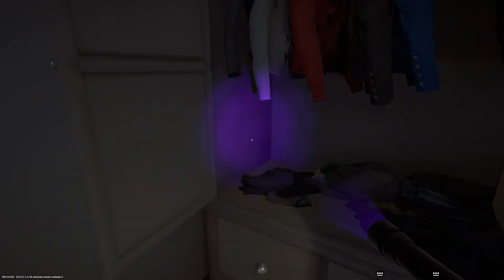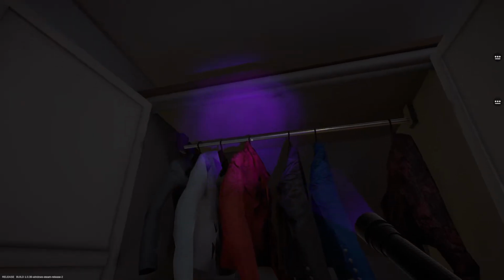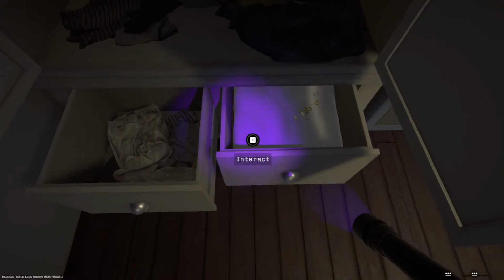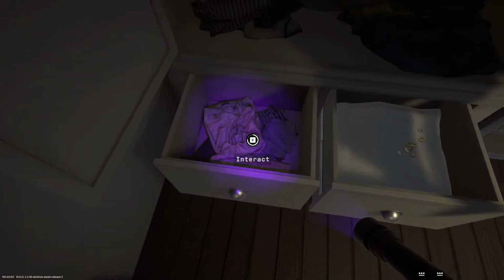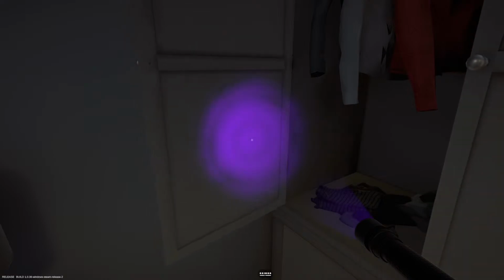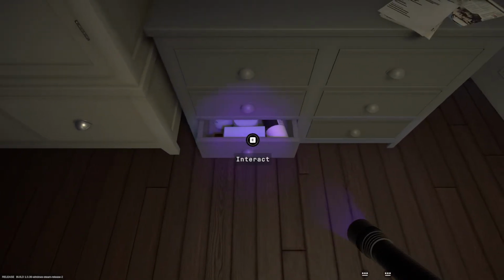I guess we can open this stuff, right? Interact. Okay. More money. I don't think there's any evidence in there, so we'll close this. We'll look through the drawers.